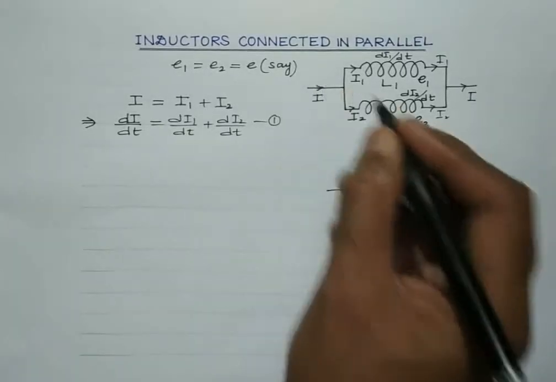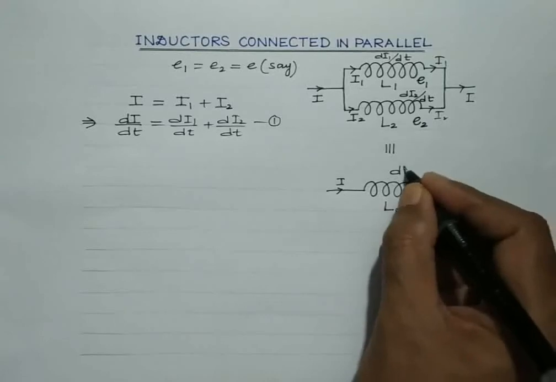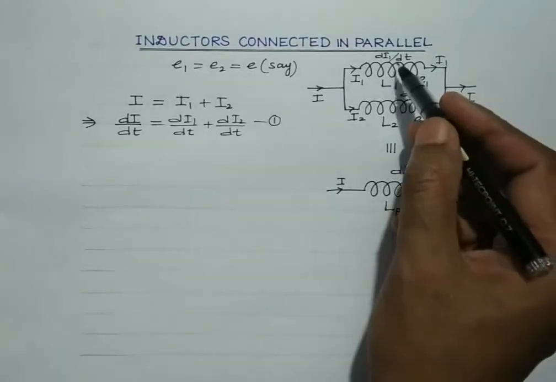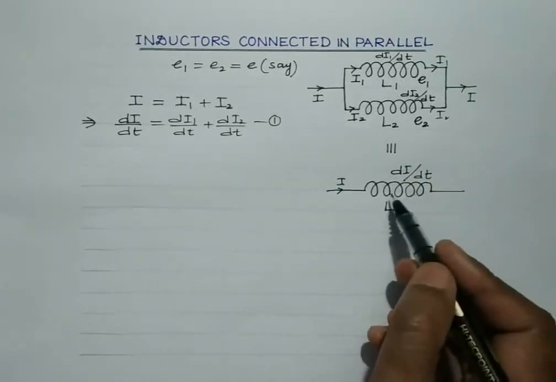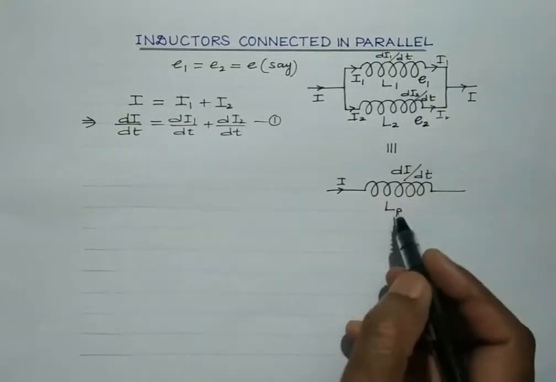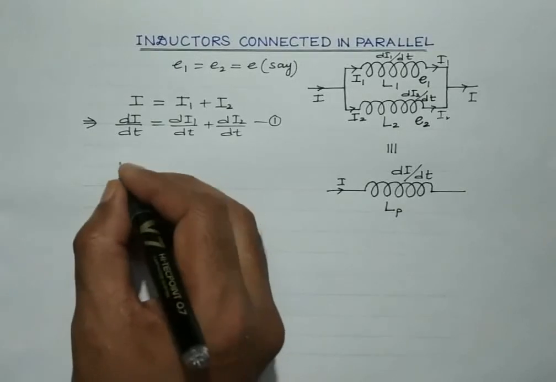So what is the net current flowing? It is I. What is the rate of change of current through this coil? dI by dt. So I have replaced these two coils with a single coil. And here the effective inductance of this coil, which is the parallel grouping of these two, is considered to be LP, right?